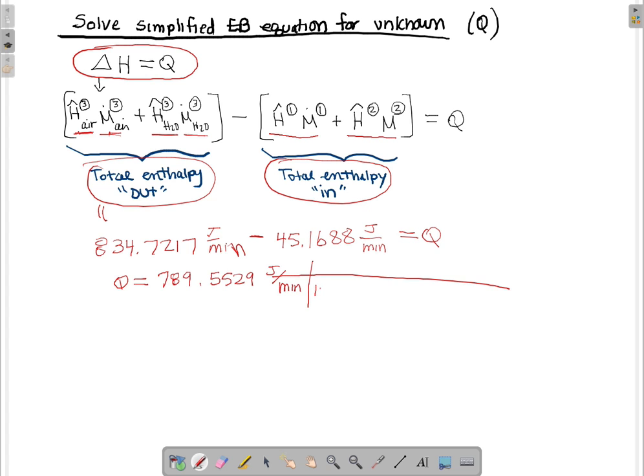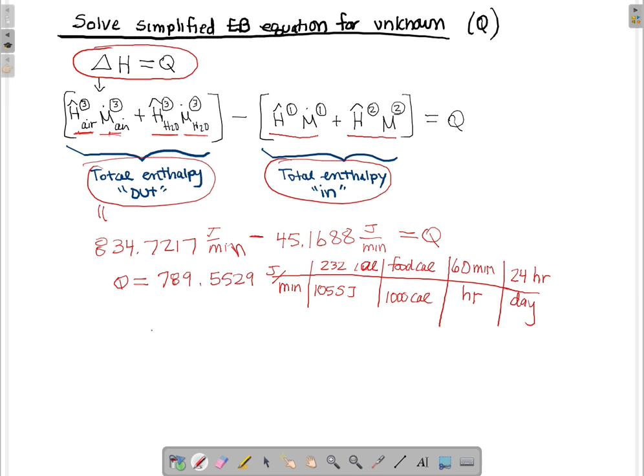So we know there are 1,055 joules for 232 calories, and we know there are 1,000 calories per food calorie, which is usually written as Cal with a capital C. We want this on a per day basis, so we know there are 60 minutes per hour and 24 hours per day.